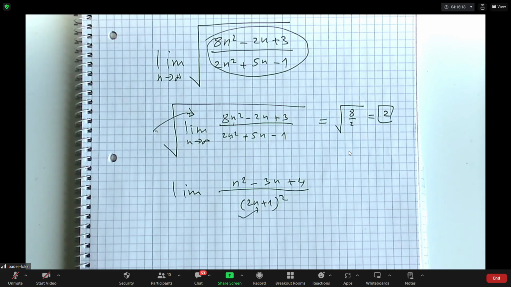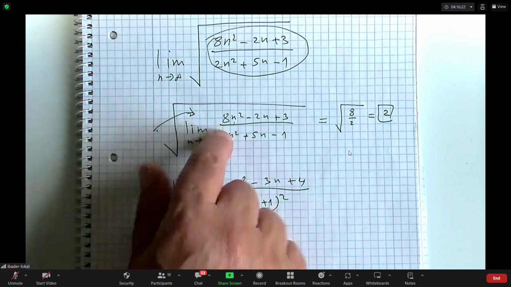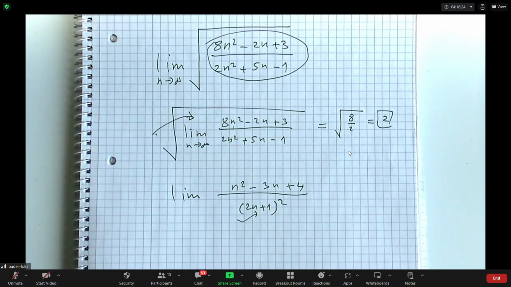It's straightforward. There are 3 cases: you have the same degree, like in these examples, or you have different degrees, and different degrees means 2 cases.